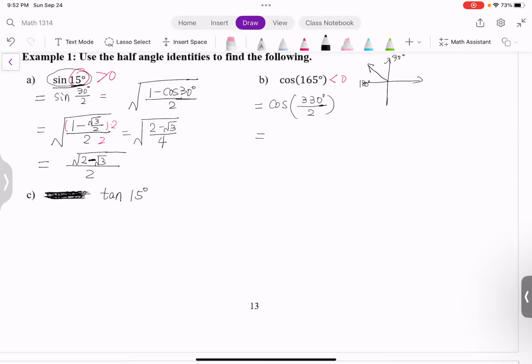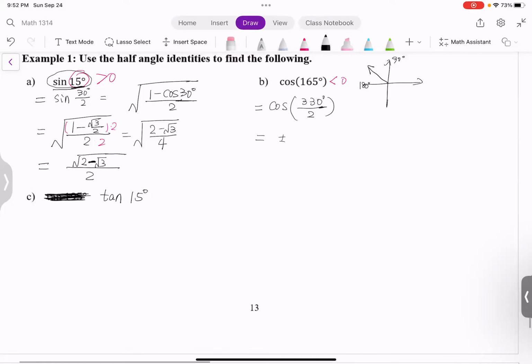So the formula is positive or negative square root of 1 plus cosine 330 degrees over 2. But I cannot choose both positive and negative. I need to choose only one symbol, which is negative, because in the second quadrant we should have a negative cosine solution.